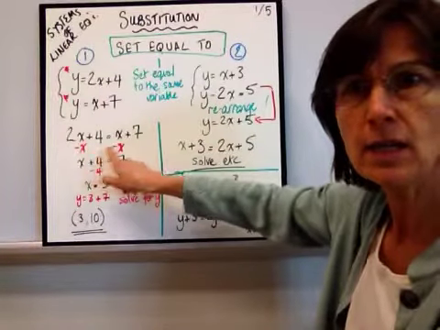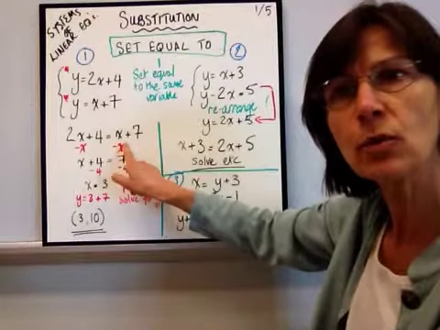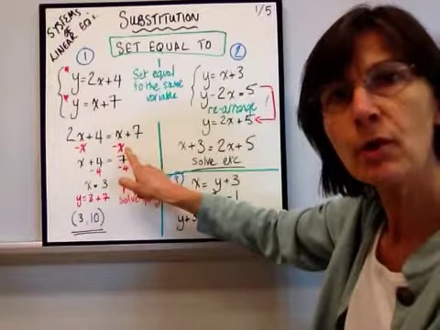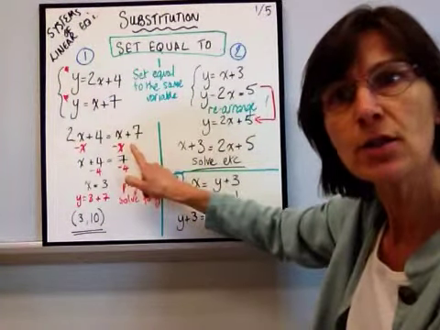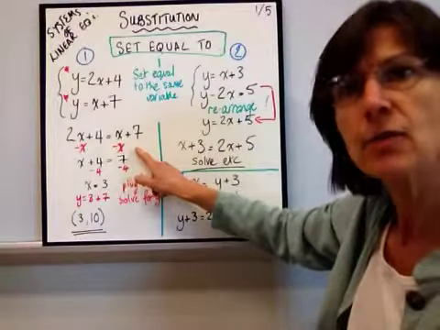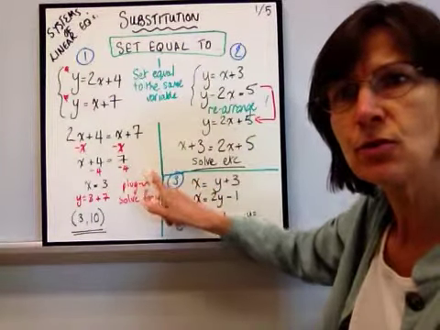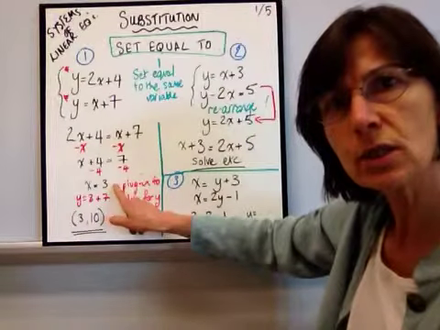So down here you'll see that I've got one expression equal to the other expression. And now we've just got a multi-step equation with variables on the same side, and we know how to solve those. Subtract x from both sides, and we're going to get that x equals something.